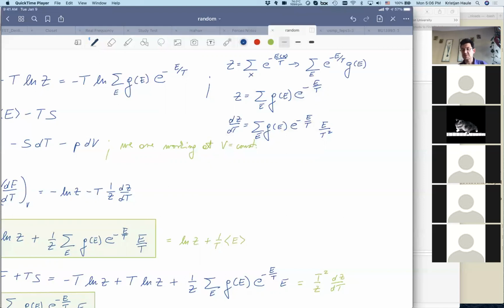And the degeneracy of each energy is the density of states, isn't it?